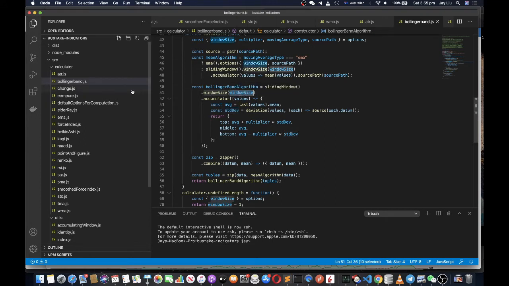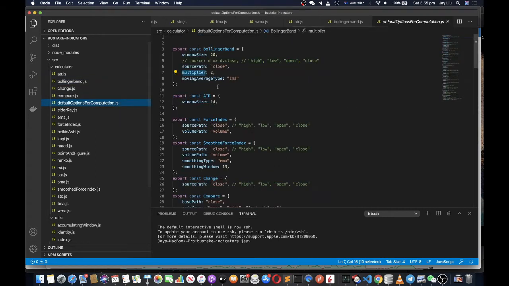Let's see how many days it is. This is Bollinger. See, it's 20 days. So it calculates the value by a period of 20 days.